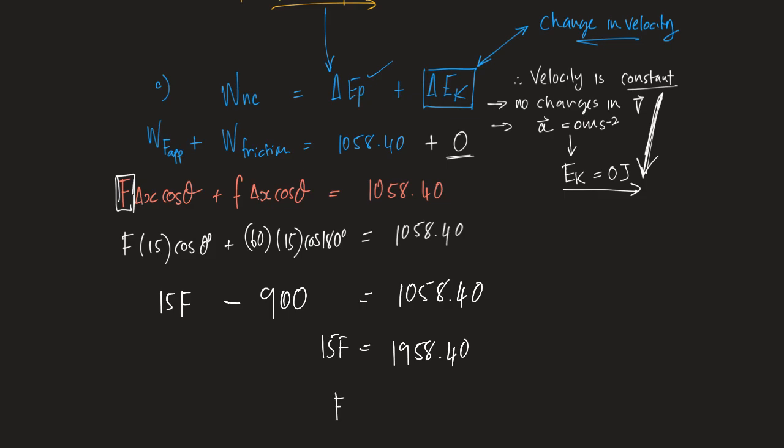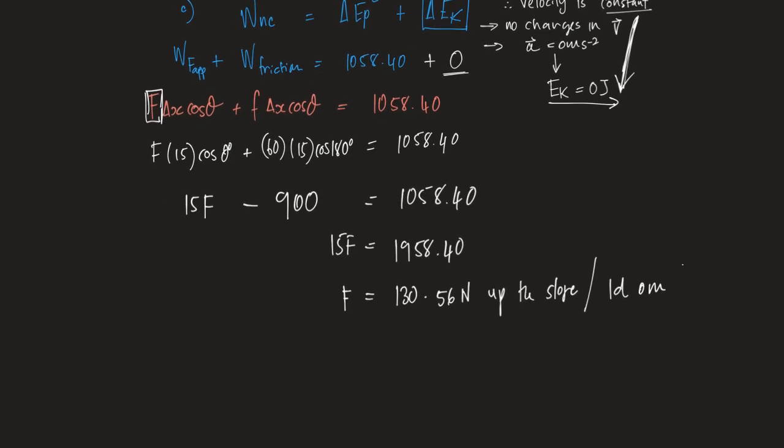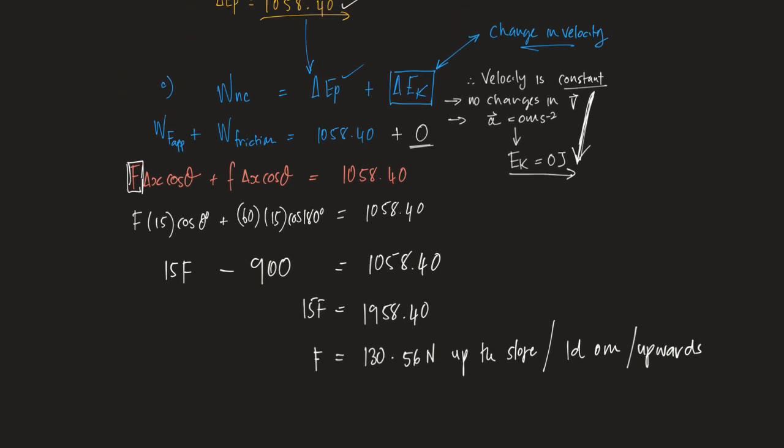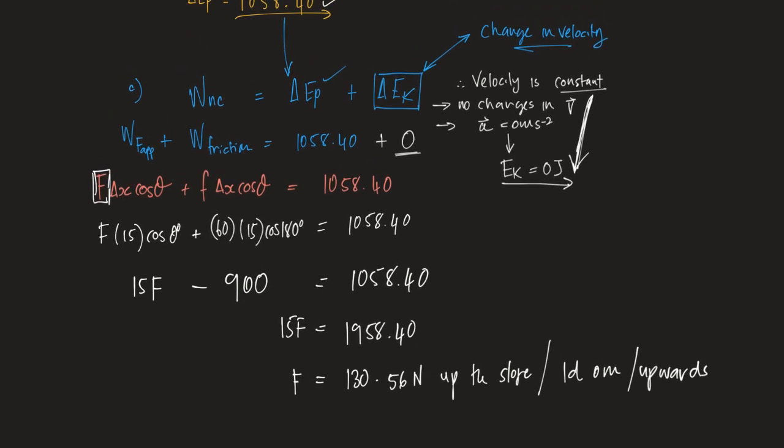And force is equal to 130.56 newtons. You can say up the slope. You can say in the direction of motion. You can even say just upwards. And that is how you would do a question like this.